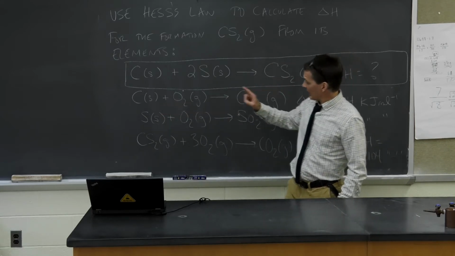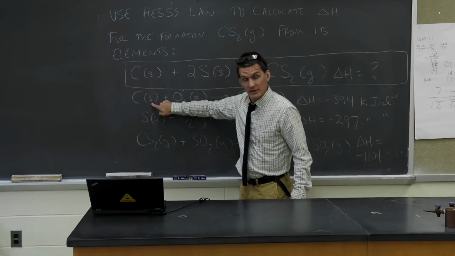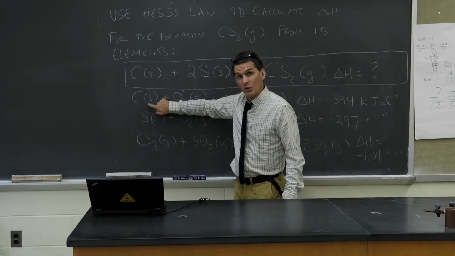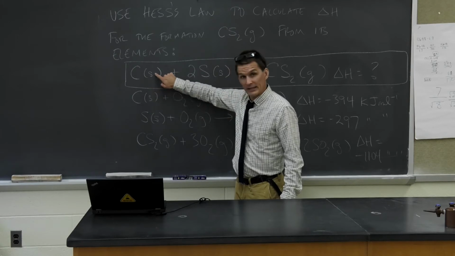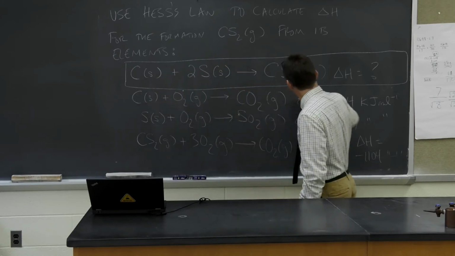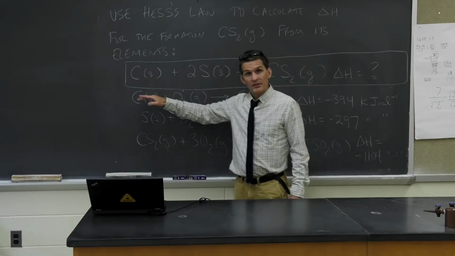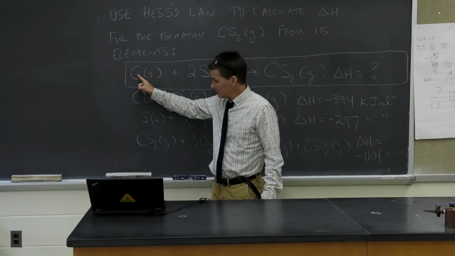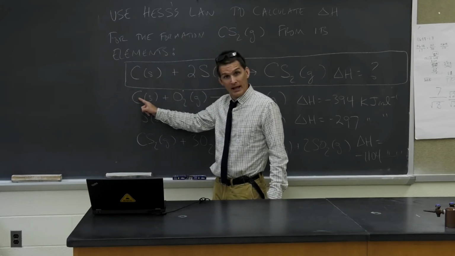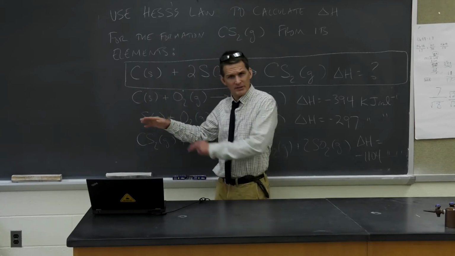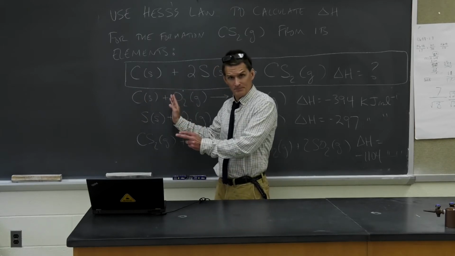And I notice that the solid carbon is listed as a reactant, which matches what I need in my overall equation. And so I leave this particular reaction as it is. The other thing that I notice is I need 1 mole of solid carbon, and in this particular reaction I have 1 mole of solid carbon, so I'm not going to multiply this by anything. I'm not going to change this in any way at all.